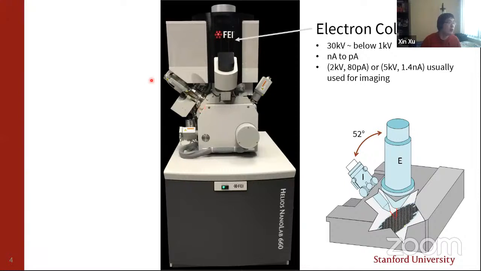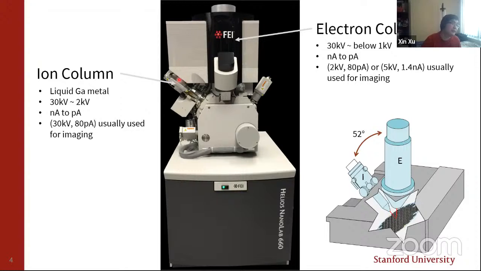There is a unique feature which is quite different from SEM. This is an ion column. It is 52 degrees away from the electron beam. You can see here. The ion column or ion source uses liquid gallium metal, and the accelerating voltage ranges from 30 kV to around 2 kV.